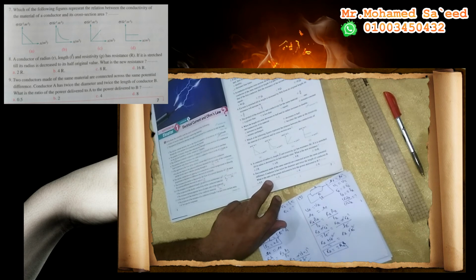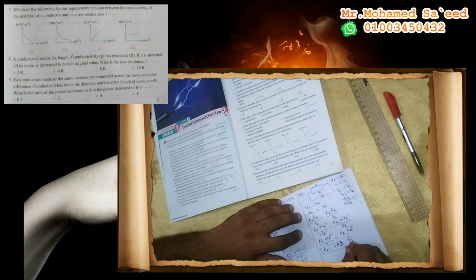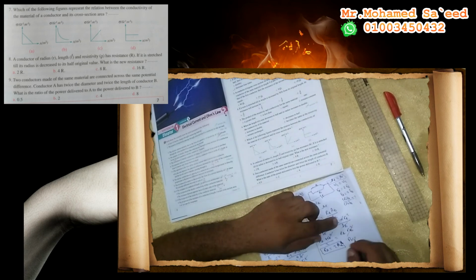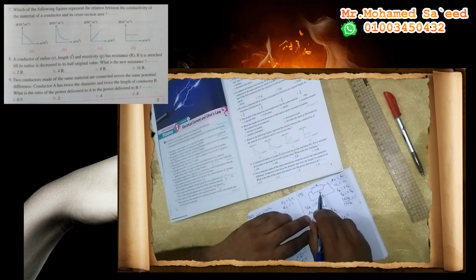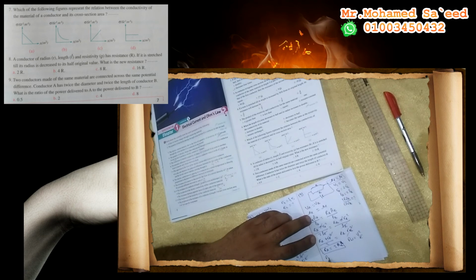Power equals what? A lot of laws: IV or VI, I square R, V square over R. Because we have V and R, the power of wire A over the power consumed in wire B equals VA square over RA times RB over VB all power 2.